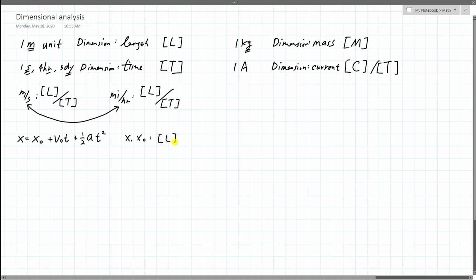They have length dimensions. They're positions, by the way. And v has a unit of meter per second. So v is length per time. Meter and a second, length and time. And a, well, let's write down a's unit being meters per second per second.